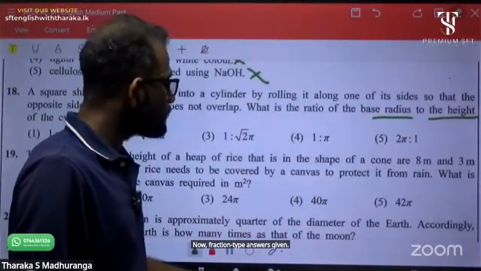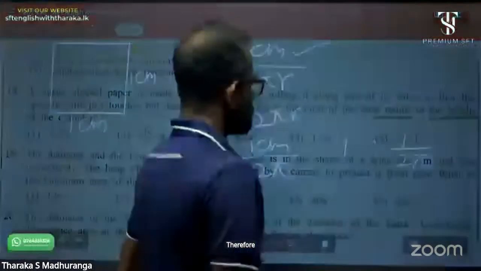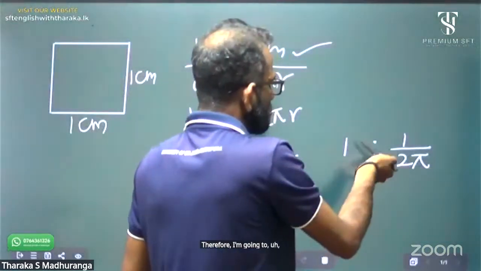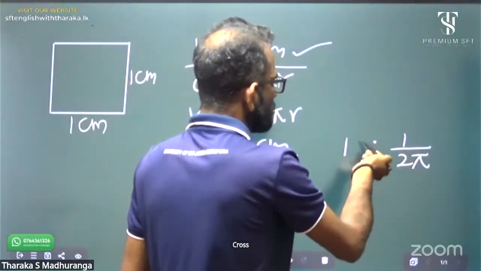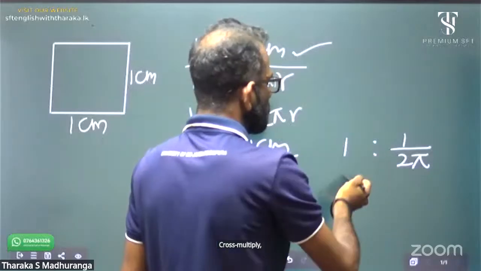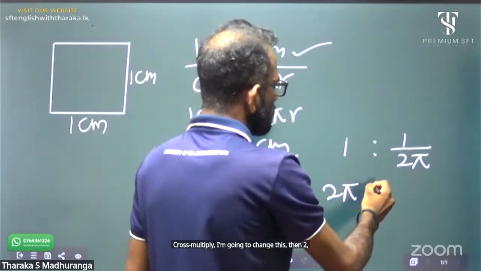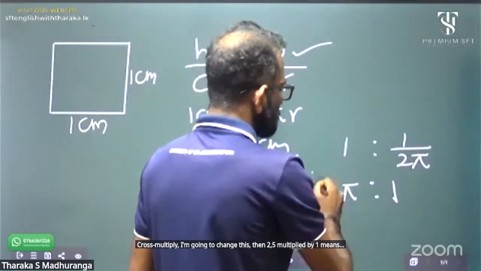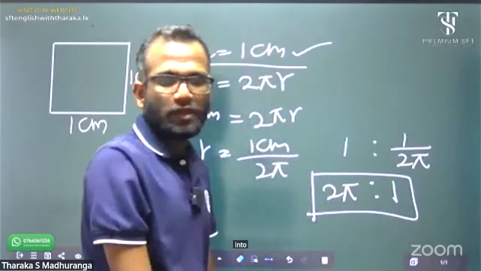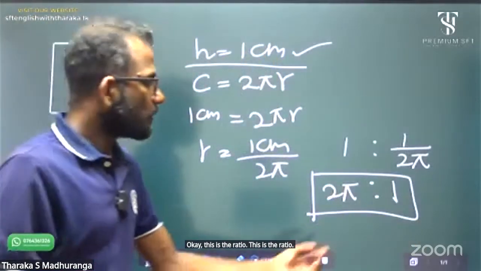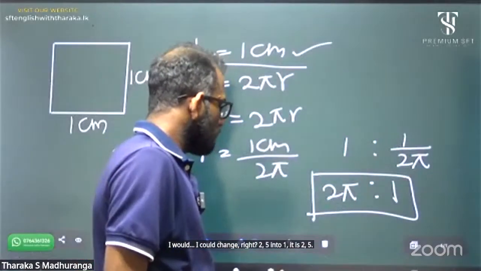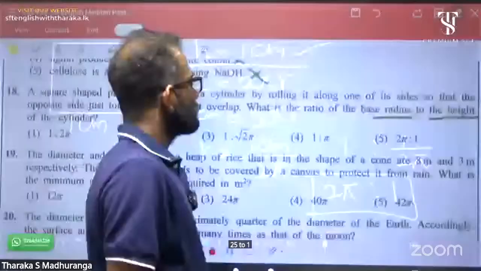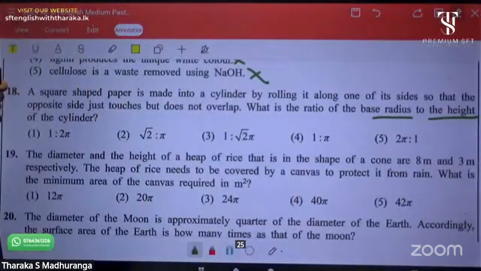Therefore, I am going to cross multiply. Then 2π multiplied by 1 means 2π into 1. Okay, this is a ratio. 2π into 1, it is 2π. 2π to 1 ratio.